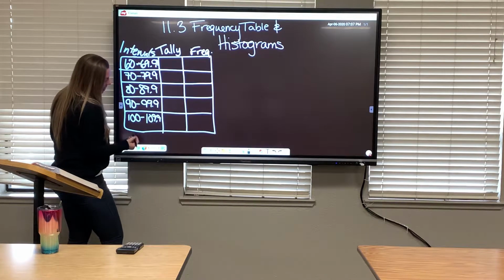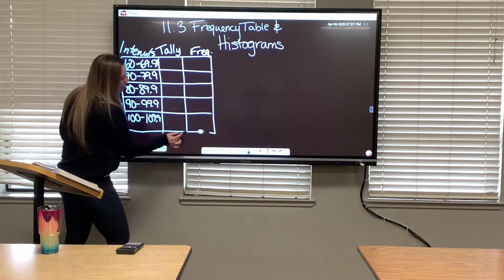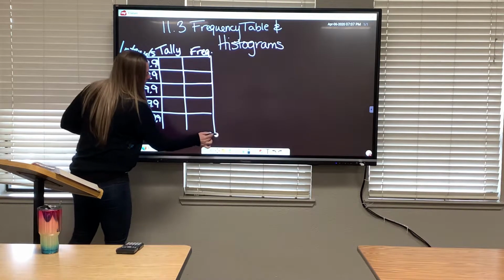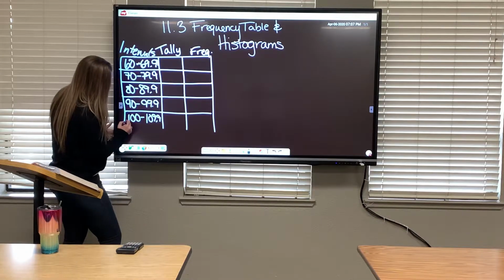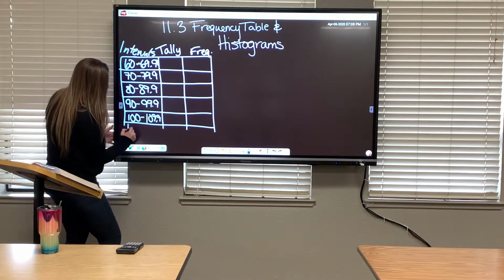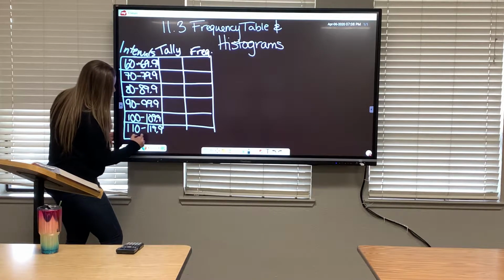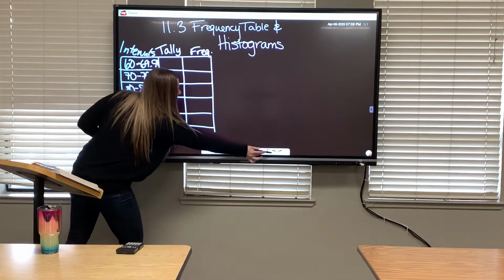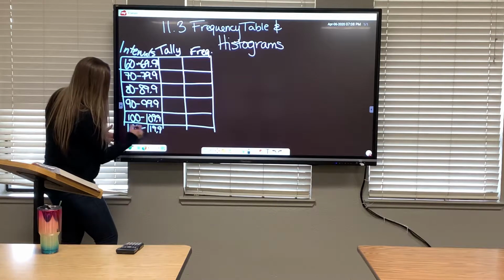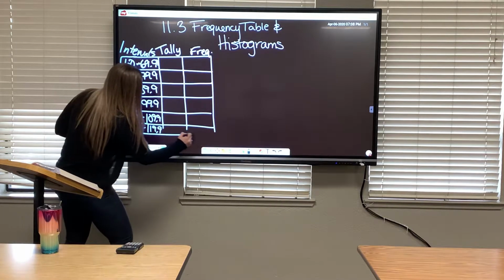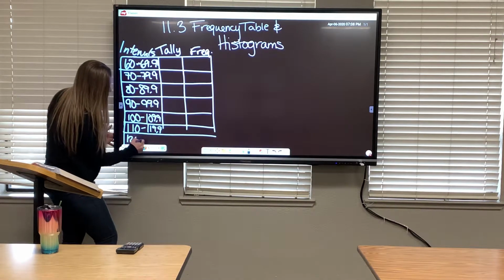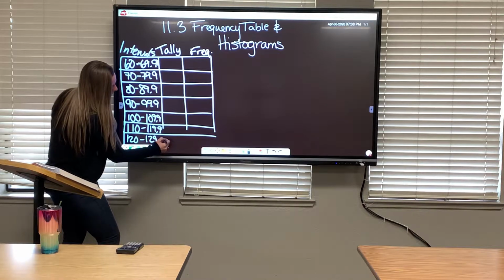I'm going to have to make my frequency table a little bit larger, and that's okay. My next one is going to be 110 to 119.9. And then my last will be 120 to 129.9.